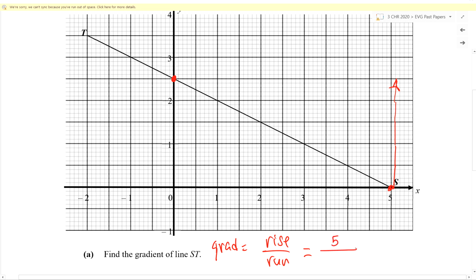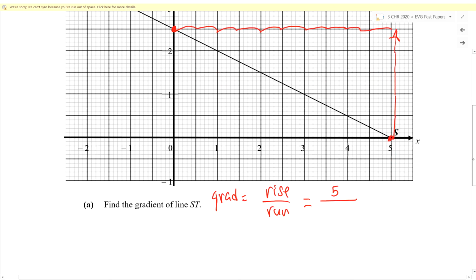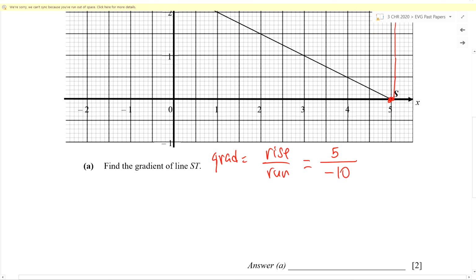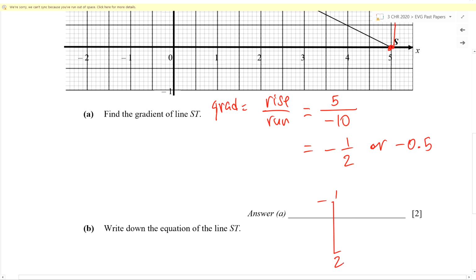I am running to the left, which is running backwards. 1, 2, 3, 4, 5, 6, 7, 8, 9, 10. Negative 10. I'm running backwards. So my answer is negative half, or negative 0.5. So this is the answer.